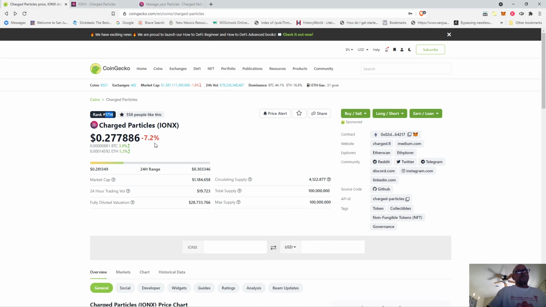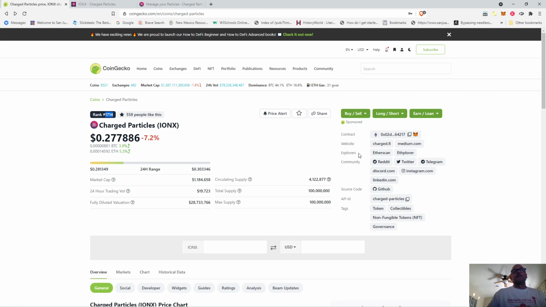Anyway, so we have a market cap here. We also want to look at the project itself. So maybe I want to jump into its website real quick before I look at some of the price action on it. So let's go to its website.